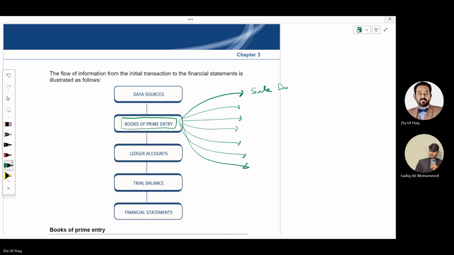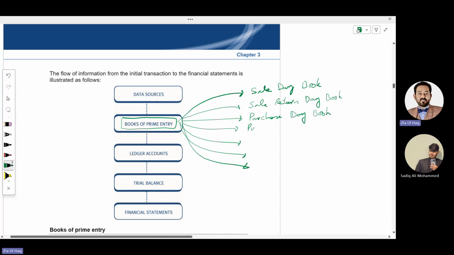Sale day book, sale return day book, purchase day book, purchase return day book, cash book, petty cash book, and the journal.